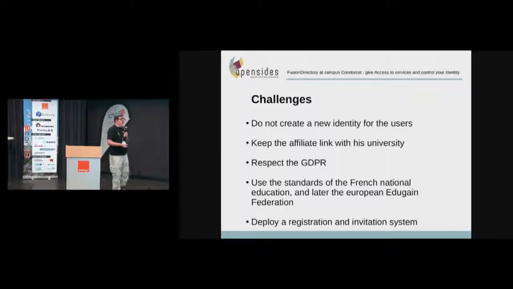And then, of course, as this is a campus for various people, and you don't know those people, you need some kind of invitation system and delegation system so people from the university can then invite people who are going to go to this campus.